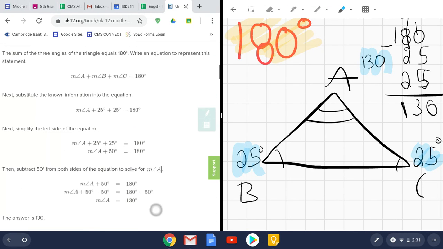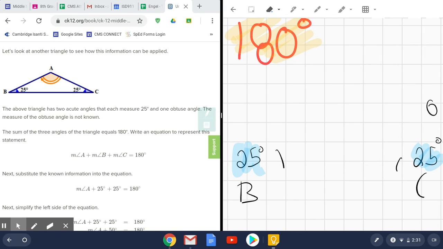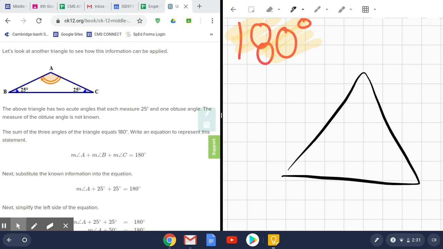Alrighty here. Let's do another example here, and then you guys will be done for today. I'm actually going to have you try one of these on your own, okay? For today, our last example, we have a triangle right here. Actually, no, I don't want to do that.